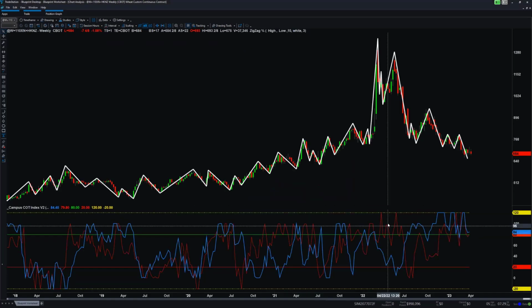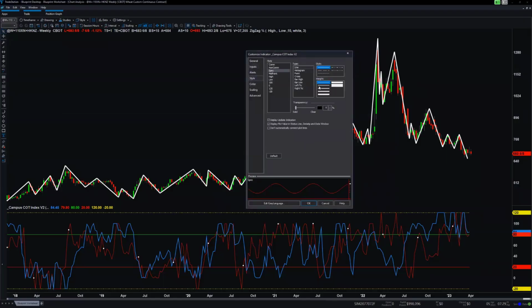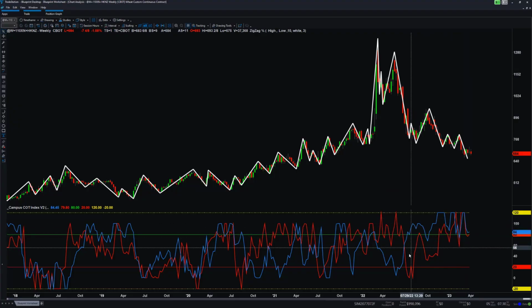So if I put a true there, I will turn them on. And what I usually also do, in terms of the style, is I just want them to be a bit thicker. I'll put it as a default. And here we go. So now I have the retailers as well. So what you see actually is the retailers are pretty much aligned with the commercials.